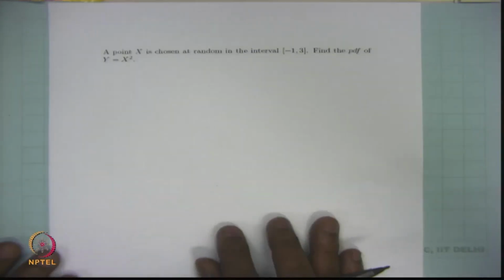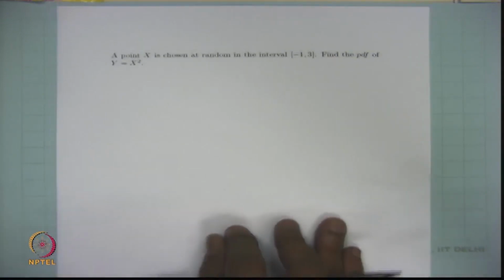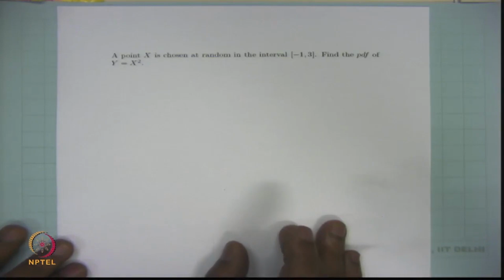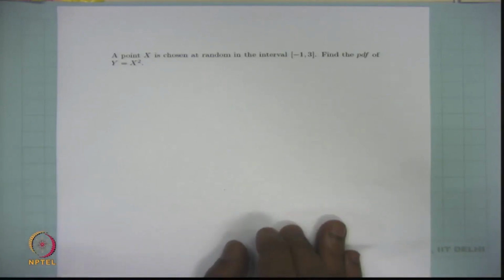In this problem, a point x is chosen at random in the interval -1 to 3. Find the probability density function of y equal to x square. That means we can use the concept of the previous problem, that a point x is chosen at random. A point means it's a real number randomly chosen between the interval -1 to 3. Whenever it is random, it's a uniform distribution.